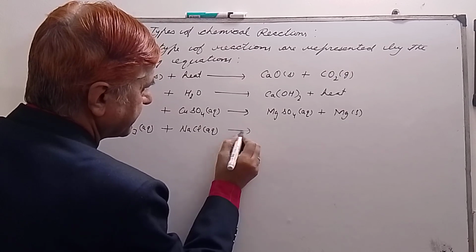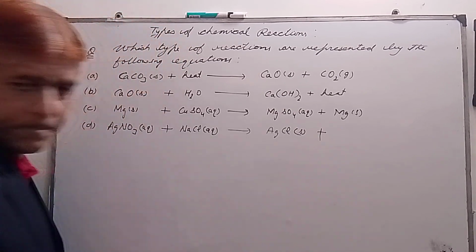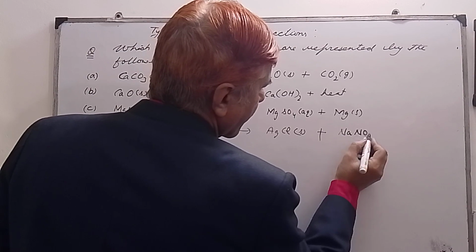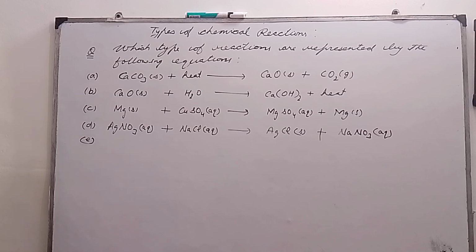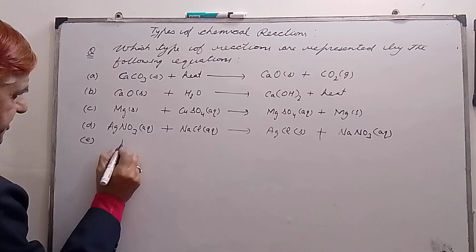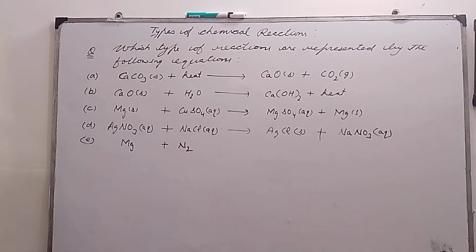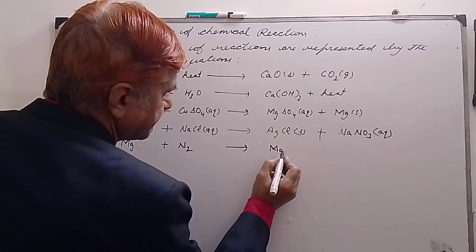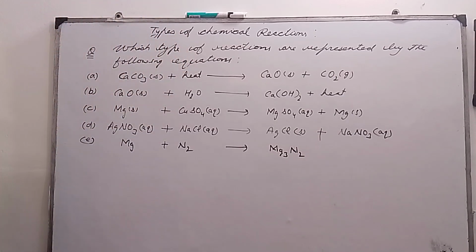This is equal to silver chloride plus sodium nitrate. E is magnesium plus nitrogen is equal to magnesium nitride, Mg3N2.